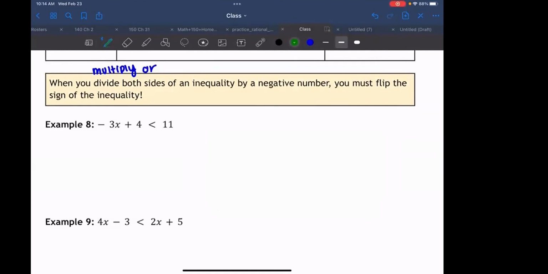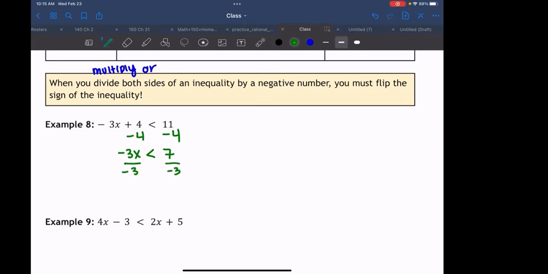So example 8, we have -3x plus 4 is less than 11. What should my first step be? Good, minus the 4. So we get -3x on one side, less than, and 11 minus 4 is 7, right? Just like a regular equation. What's my next step? Good, divide by -3.